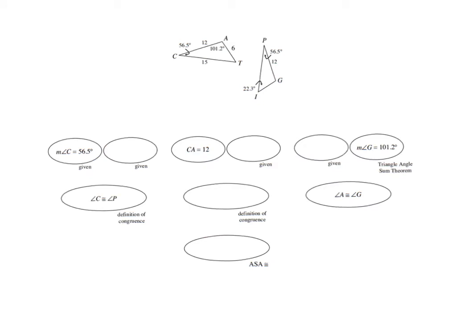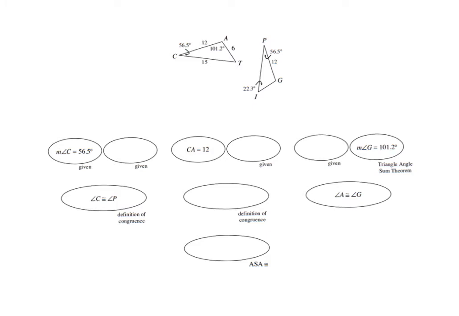All right, so this flowchart graphic organizer is provided for us, and it gives us some hints about how to logically sequence our steps to prove that these are congruent triangles. The first thing I notice is that I start with my given information, or the things that are already stated as true.